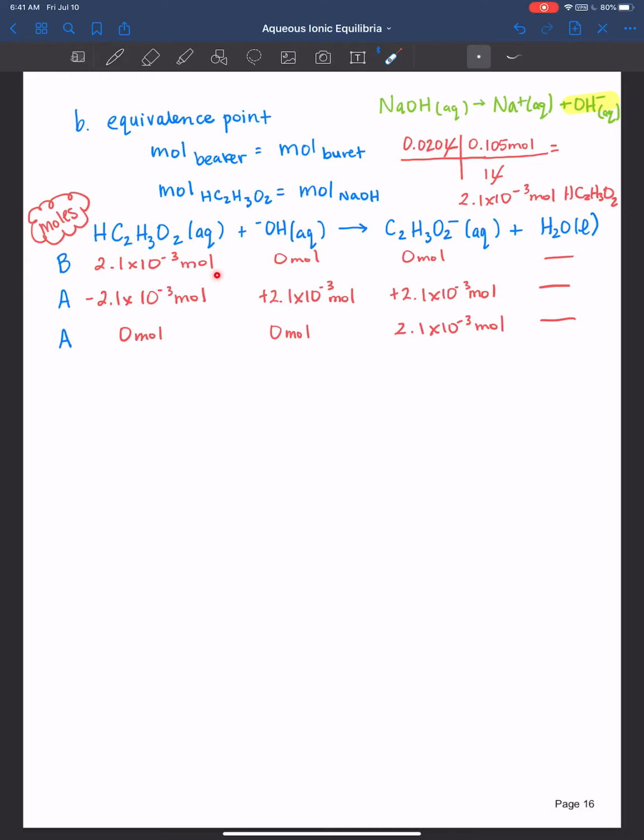So I started with 2.1 times 10 to the negative third moles. I added 2.1 times 10 to the negative third moles of hydroxide, which reacted with my acetic acid. And so since these moles reacted, I'm left with 0 amount of hydroxide and 0 amount of acetic acid in my beaker. But what I do have in my beaker left over is the conjugate base here.